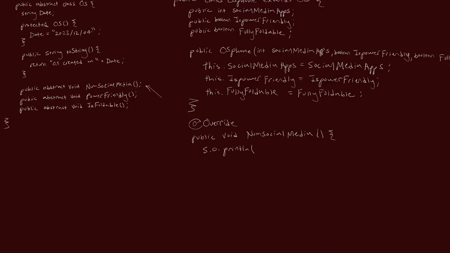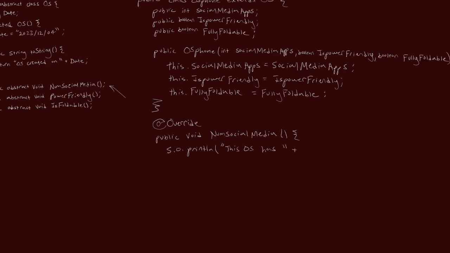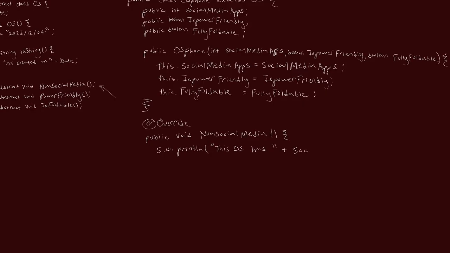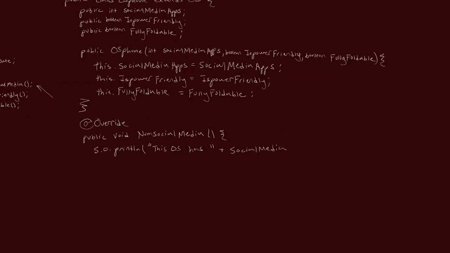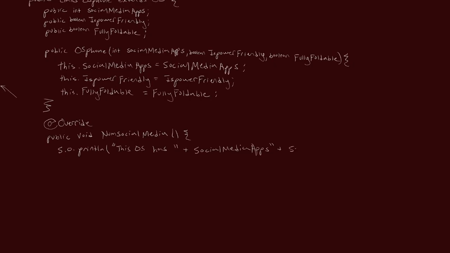We'll say "This OS has", and then we'll put the amount of social media apps that's on this operating system. There we go. Okay, that's the first one done.